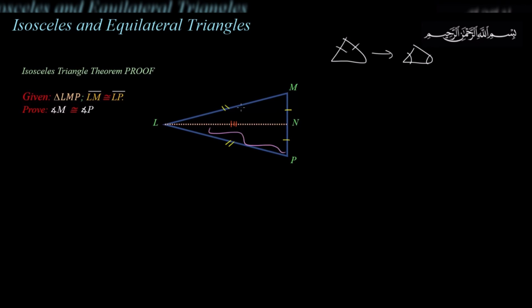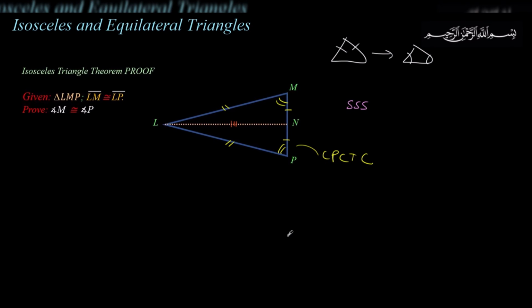So you have this triangle and that triangle, and they're congruent because of the side-side-side triangle congruence postulate. If three sides of a triangle are congruent to three sides of a second triangle, then the triangles are congruent. Once we've proven that the triangles are congruent, then these two angles are congruent by CPCTC. Corresponding parts of congruent triangles are congruent.